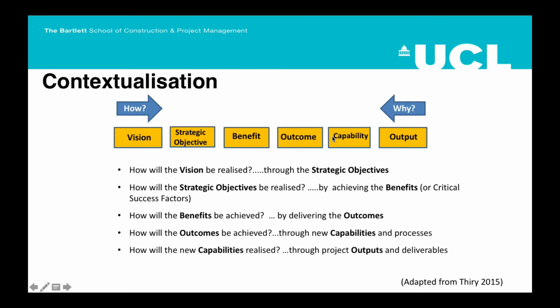By developing or creating these new capabilities, we will be creating an outcome, and by delivering this outcome, we will be achieving the benefits. So, in this figure, you can understand easily why we have to consider the strategy when we are approving a project or when we are designing the business case for a project approval.